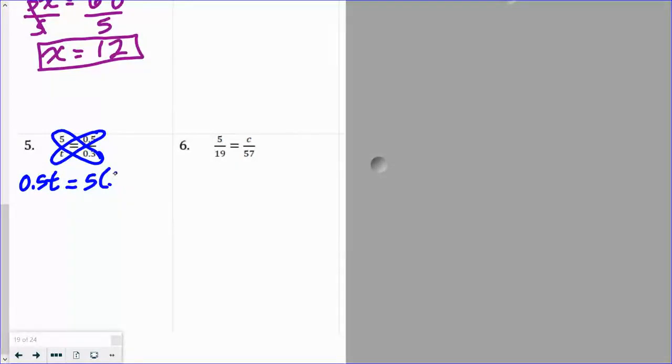5 times 0.3. Okay, so if I have 0 and 3/10 times 5, okay, 3 times 5 is 15. That's 0 plus 1. Then I make 1/2. So there's a decimal. So 1/2 t equals 1.5.